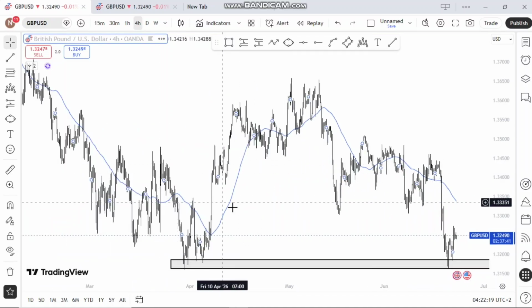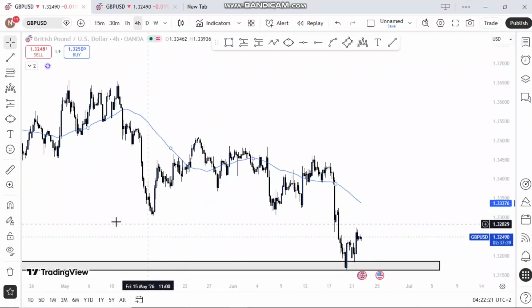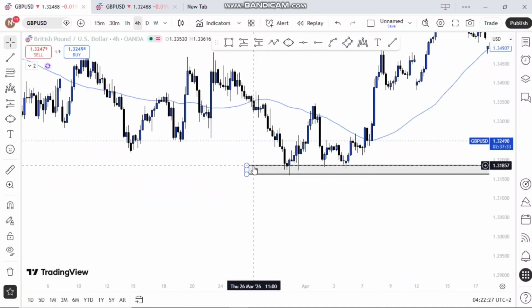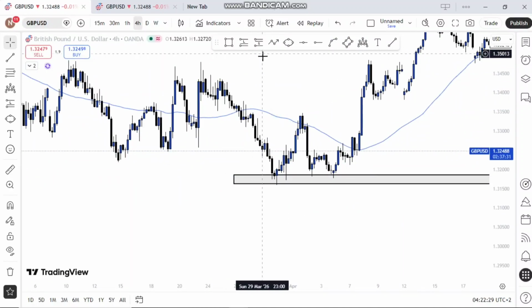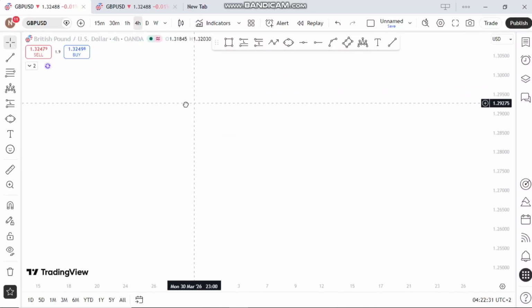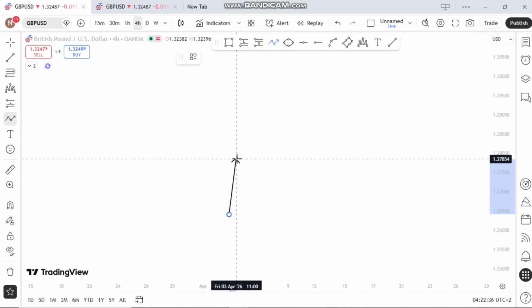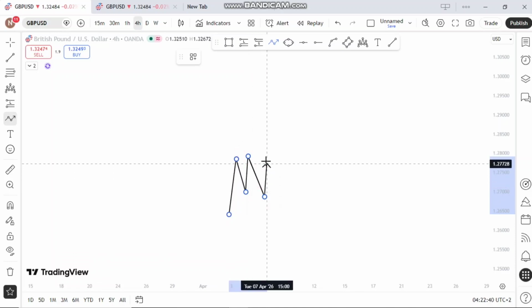Okay, our overall direction, we said we saw a double bottom here, multiple rejections. What is a rejection? A rejection is when a market comes to a certain area. Let me show you. A rejection is when, let's say for example, 1, 2, 3.